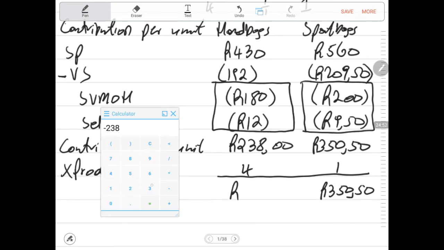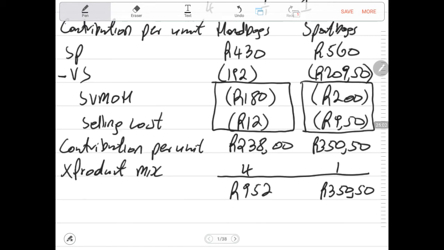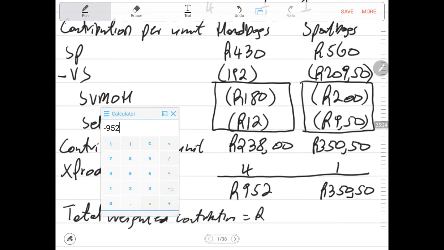Then here we have 238 times by 4. Then this will give us 952 rands. So now this will be our product mix. Then after we get to our total weighted contribution, and our total weighted contribution will be 952 plus 350.50.